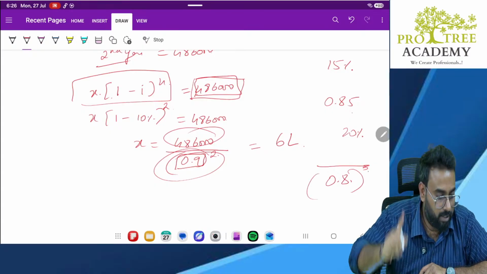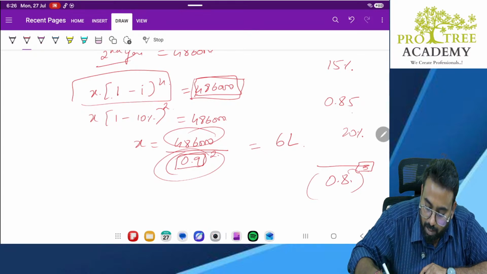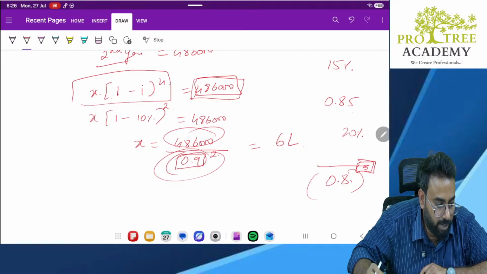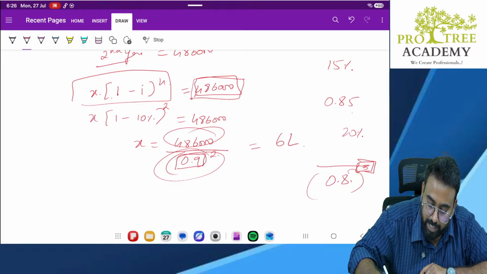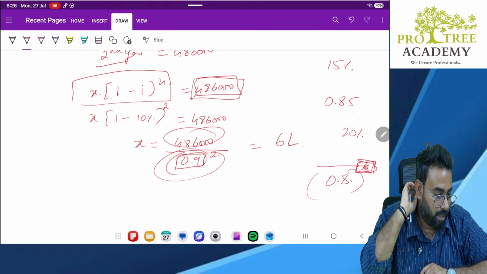Only the upper part, the raise to n part, will change. Am I clear? So if it is 3 years, we use 3. If it is 4 years, use 4. Clear? So this is the formula for your answer.